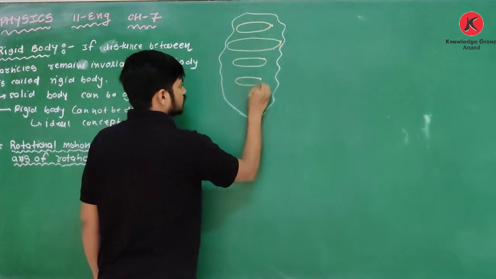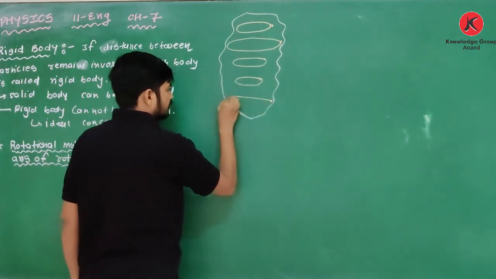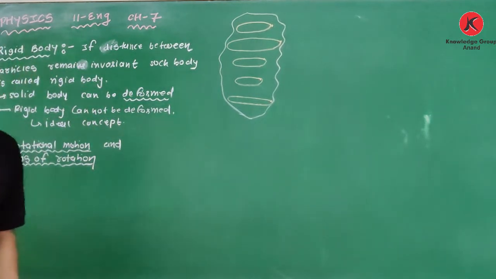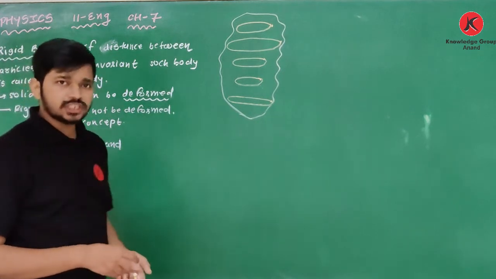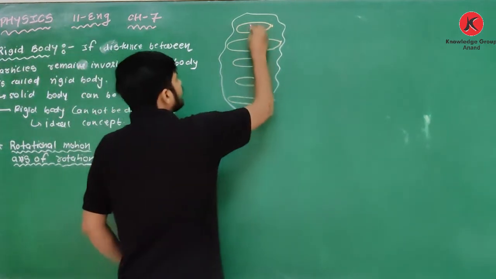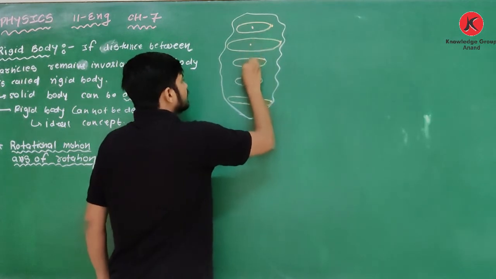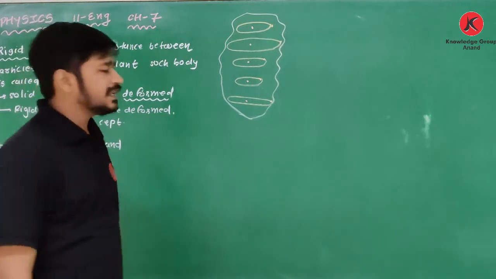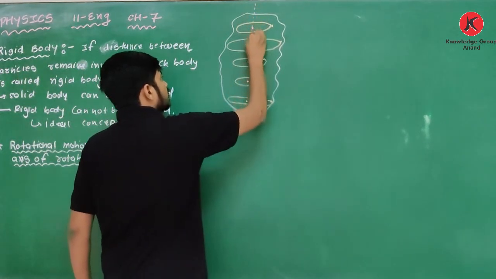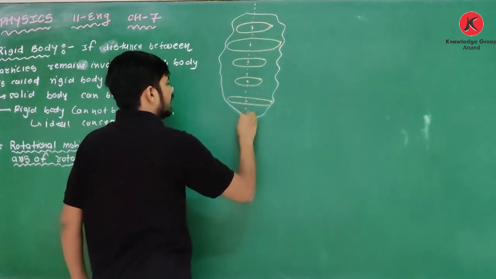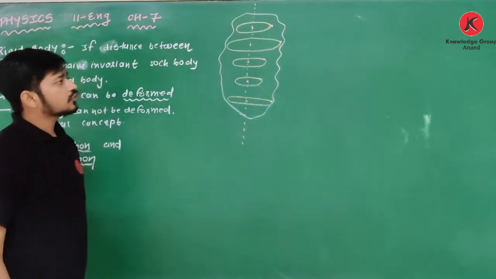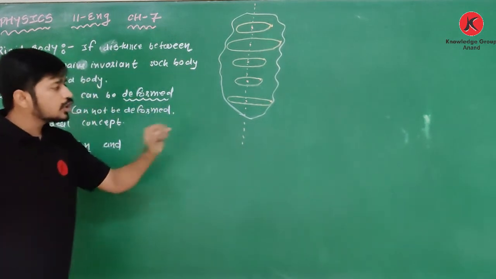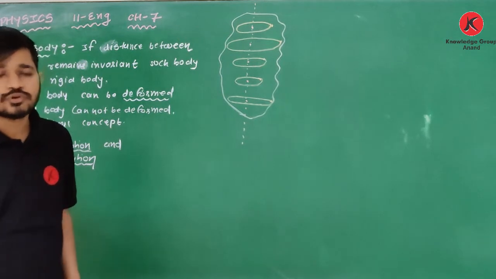So if all particles of the rigid body are performing circular motion and their centers lie on a definite straight imaginary axis, then such motion is called rotational motion, and this axis is called rotational axis or axis of rotation.